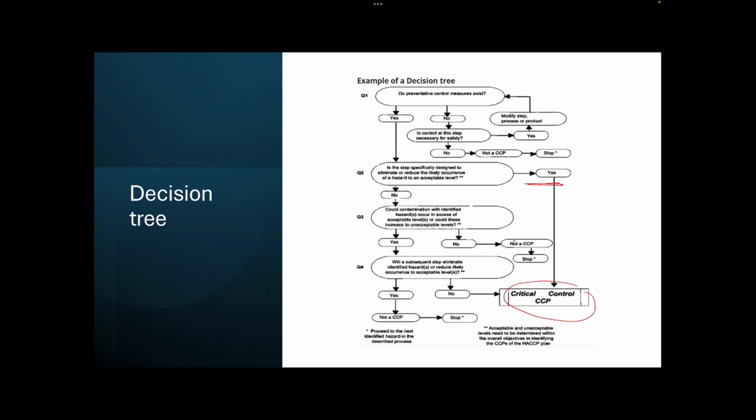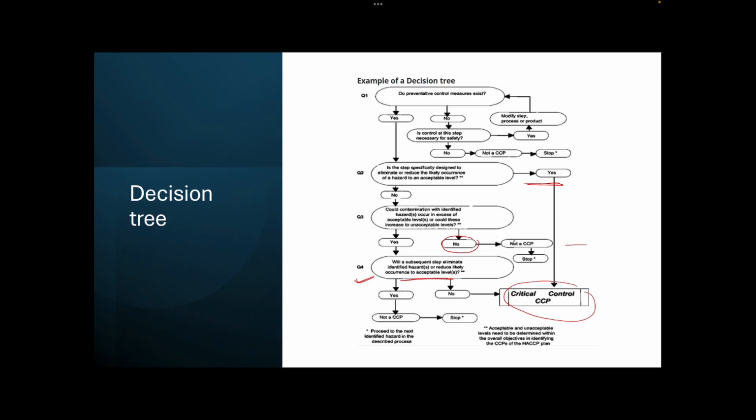If the answer is yes, you ask the next question. But if the answer is no, then it is not a CCP. So if the answer is yes, in case of refrigeration or freezer, where if the temperature is not controlled, then bacteria can grow. Will a subsequent step eliminate identified hazards or reduce likely occurrence to acceptable level?